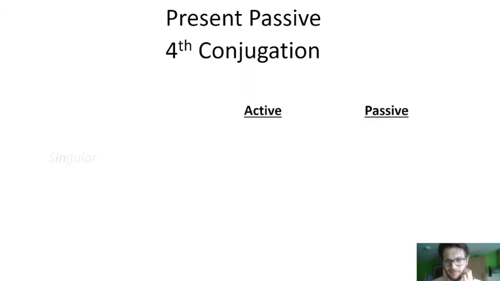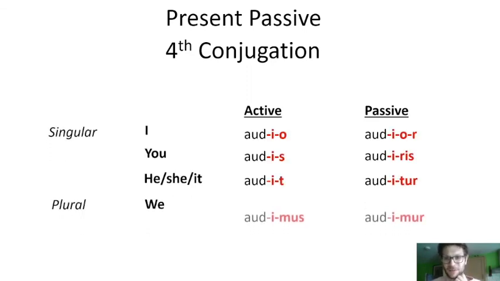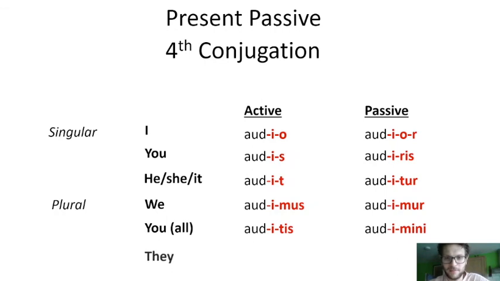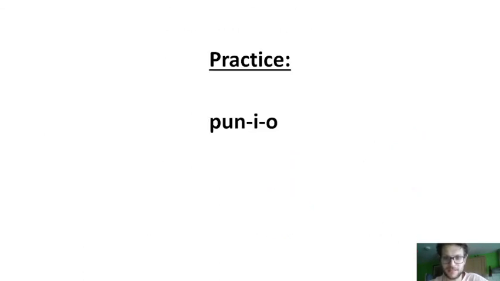Hopefully again the same idea. Audio, audior, audis, audiris, audit, auditur, audimus, audimur, auditis, audimini, and then finally audiunt, audiuntur. The notable letter there is the I, and that is constant in both active and passive. So make sure you are including that when you convert to the passive. So munio, you go pretty quickly.